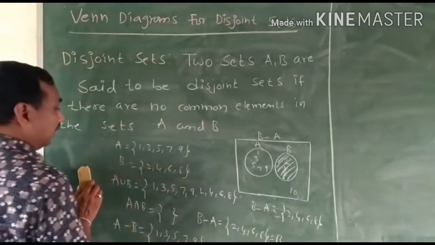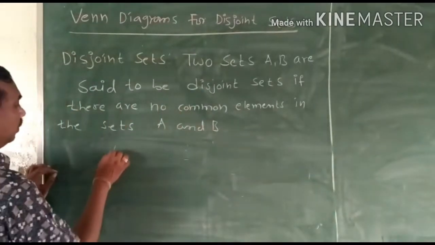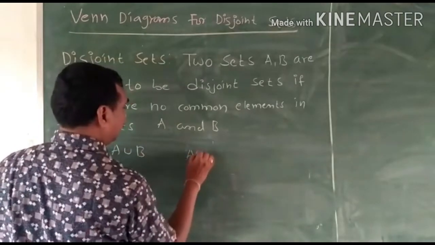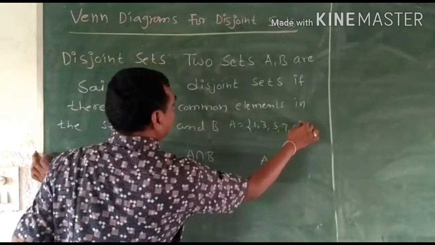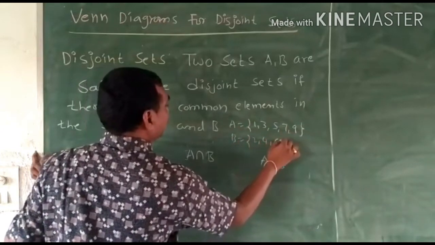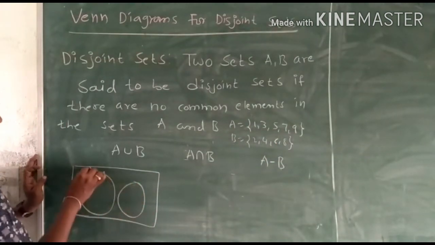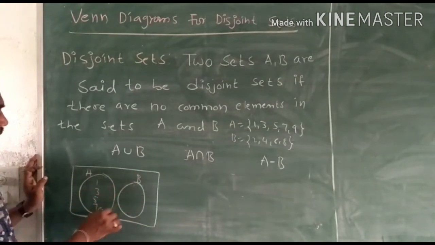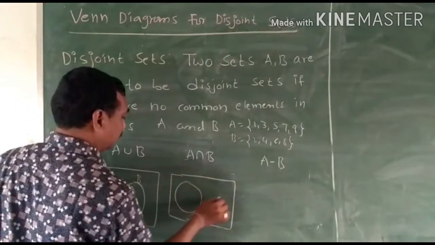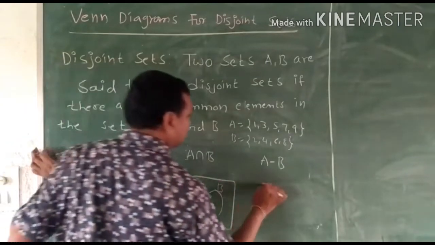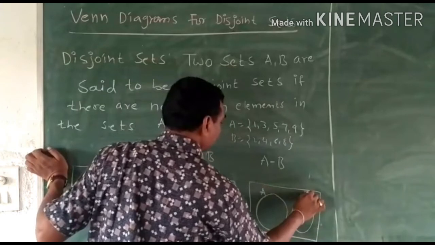Okay, once again I will show you A union B, A intersection B, A minus B, where A equals 1, 3, 5, 7, 9 and B equals 2, 4, 6, 8. A union B is 1, 3, 5, 7, 9, 2, 4, 6, 8.